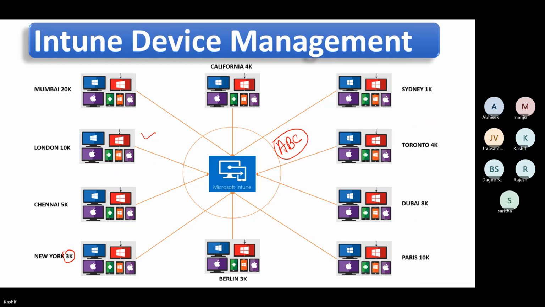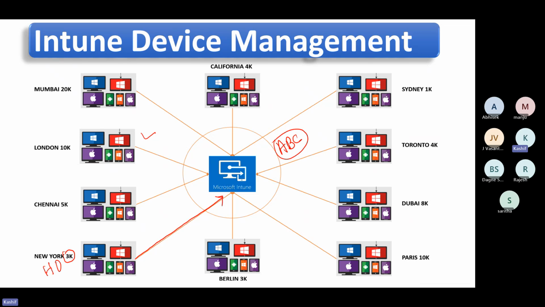All the devices in the headquarter have to be enrolled into Intune. Some of them are Windows, some are Mac devices, some are Android, iPhone, Linux devices. So we need to enroll them into Intune.